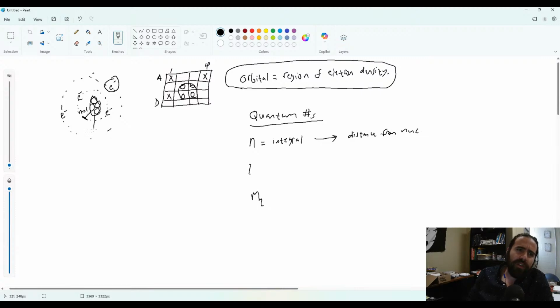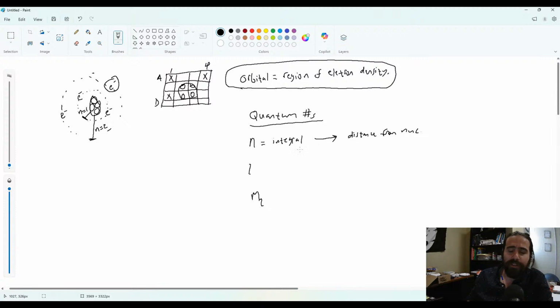And the electrons with this radius, we would say has an n equal to 2. So the n quantum number, the integral quantum number, tells you how far away the electron is from the nucleus. And as our n value increases, the further away the electron is from the nucleus.